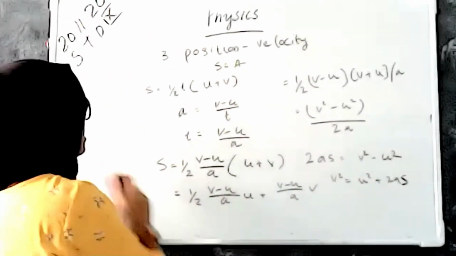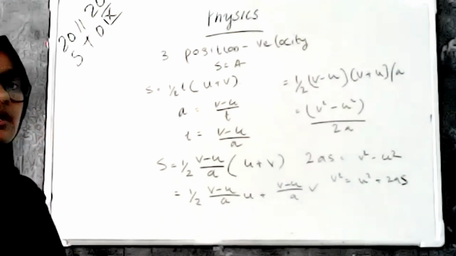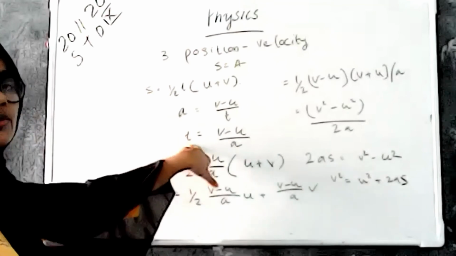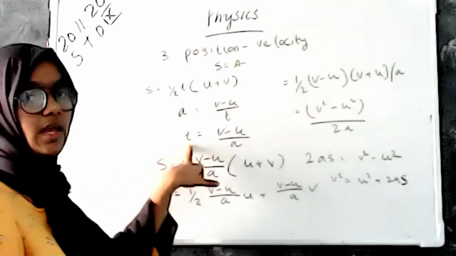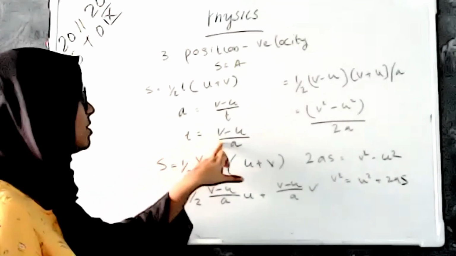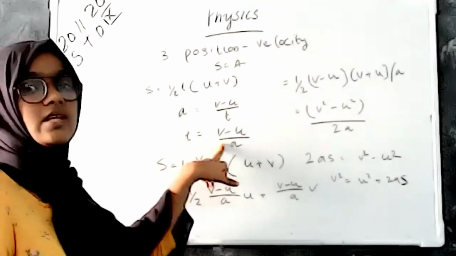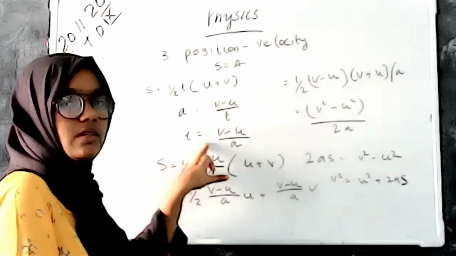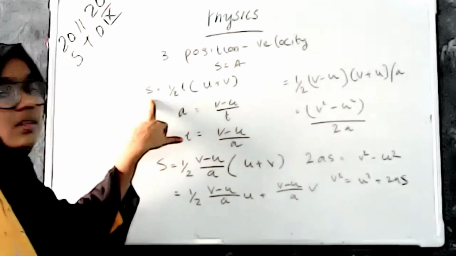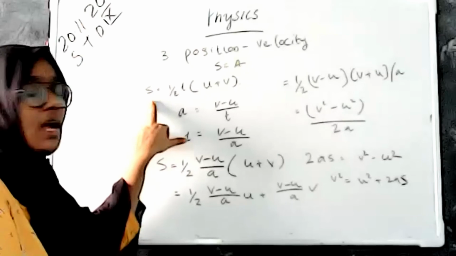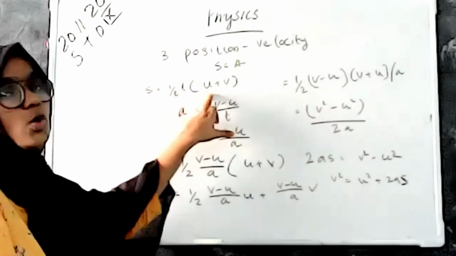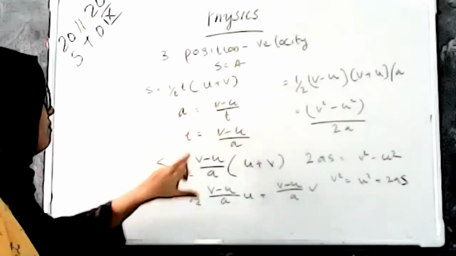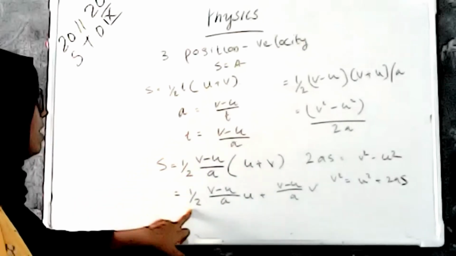I think all of you understand the first, second and third equations of motion. In the third equation of motion, we use the substitution for t. t is equal to v minus u by a. This is the relation connecting the acceleration of a body. Substituting this t into the equation showing the displacement of the body, s is equal to half t into u plus v, we get a change in the displacement.